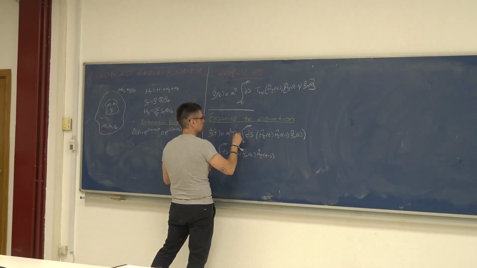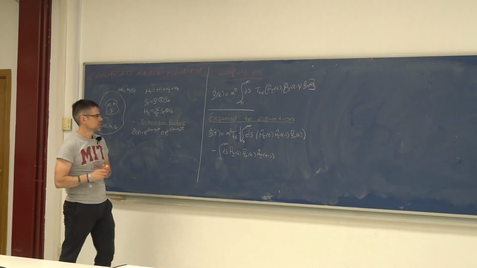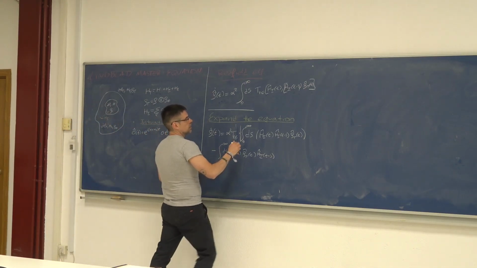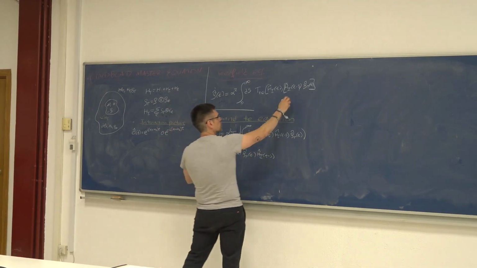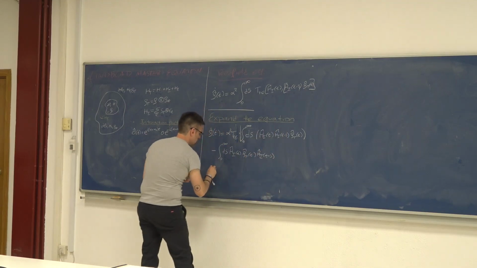The trace over e, we keep it here, okay? So we trace over all the terms. Then there will be another term, sorry, this will be this commutator multiplied by this. Now we take this to the other side.